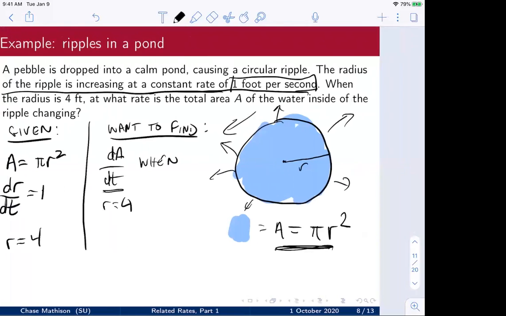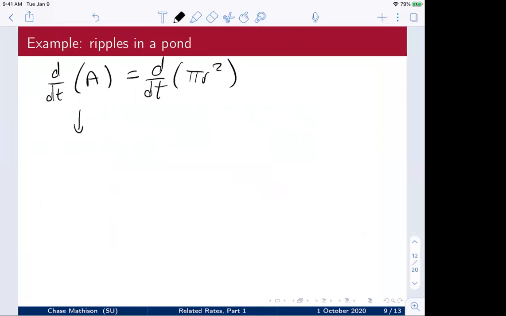So the derivative of A with respect to t wouldn't be 0. dA/dt. Exactly. It's kind of a trick question. The derivative of A with respect to t, well, that's what we're trying to find, right? dA/dt. So we just write it down. Okay.